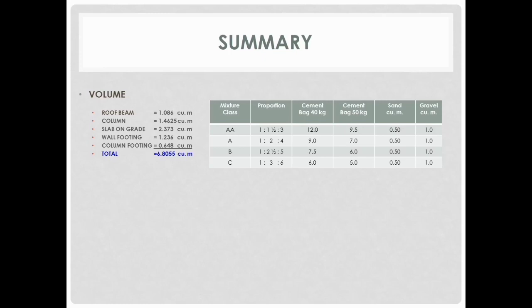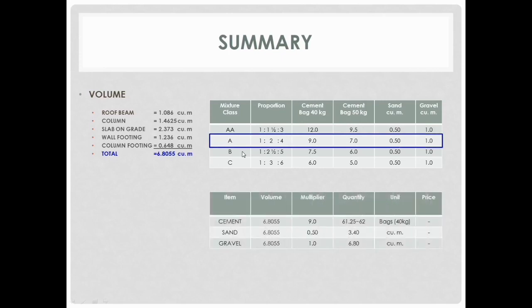So, okay, compute natin. So, ang kailangan lang natin gawin dyan, yung volume, multiply natin kung anong mixture class yung gagamitin natin. So, para dito sa ating example or tutorial, ang gagamitin natin ay class A. So, ayan, yung ating computation. So, ito yung cement, sand, and gravel natin. Ito yung volume, multiplier.